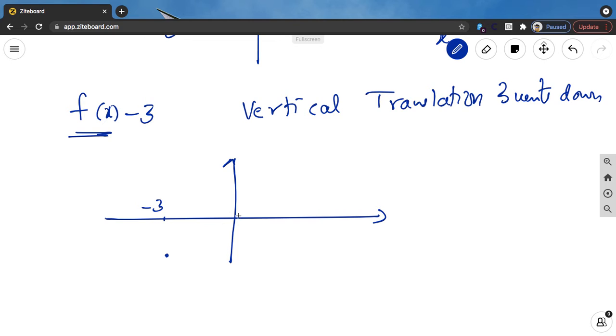I had 0, 3, which will become 0, 0. I had 2, 1, which will become 2, minus 2. Let me mark this minus 3 a little further down. So this is minus 3 and I will have a minus 2 here. And then 5, 2 will become 5, minus 1.